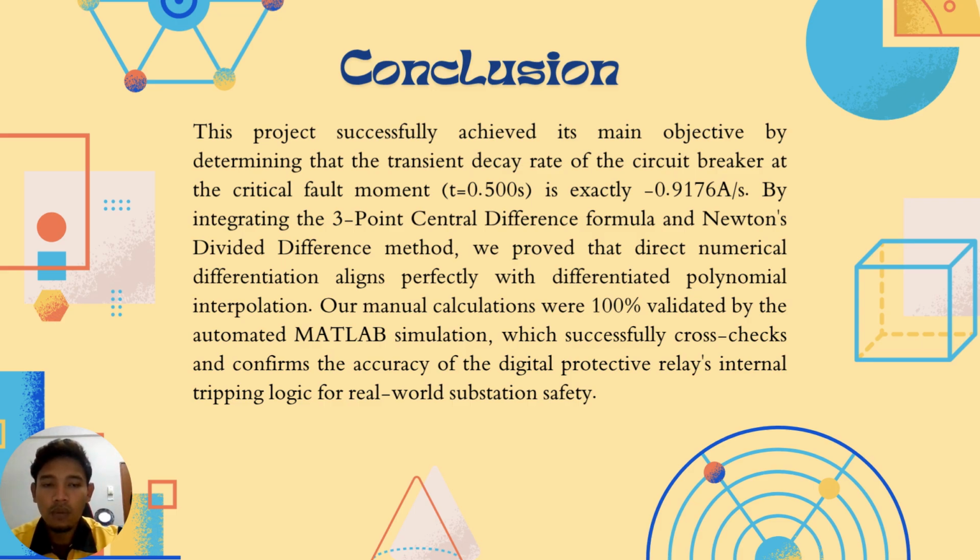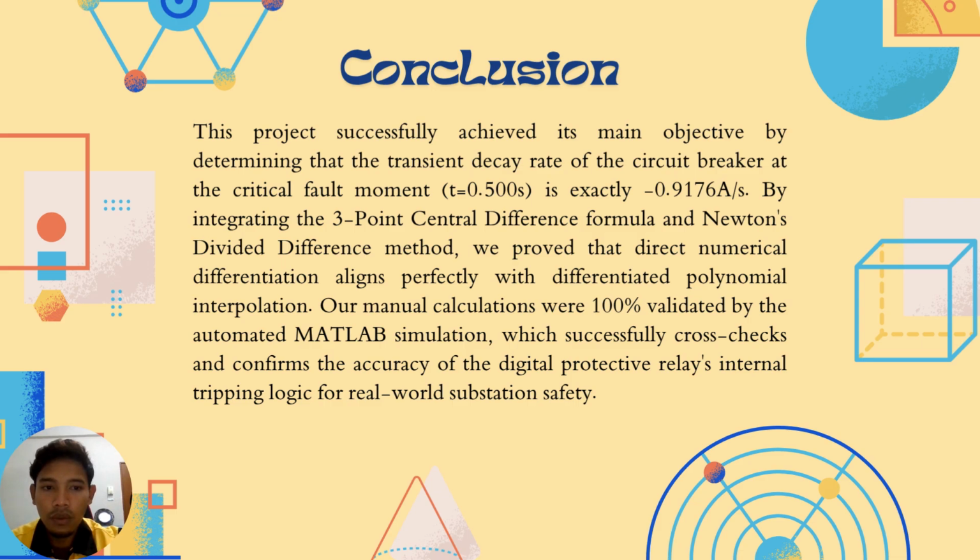To conclude, our project successfully met its main objective. We determined that the rate of current change at the critical fault moment is exactly negative 0.9176 amp per second. By integrating two different mathematical approaches, which are the 3 point central difference formula and Newton's divided difference method, we proved that both techniques yield identical reliable results.